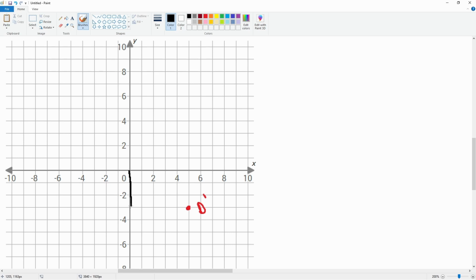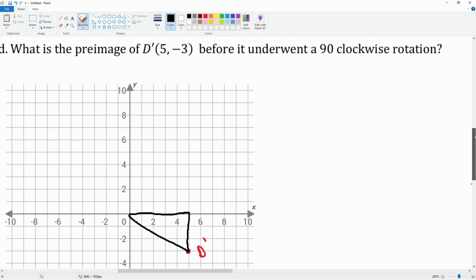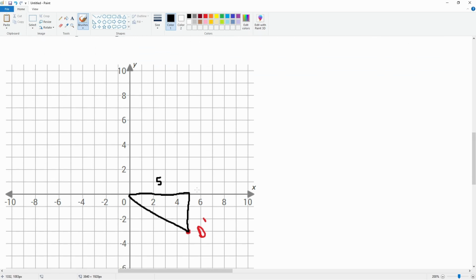This was a 3 and this was a 5, right? Perfect. All right, or yeah, I can do it like this if you feel better here. Right? So this is 5 and this is a 3. So you can rotate that. This is a 5 and this is a 3. Okay, it would be this point, right?